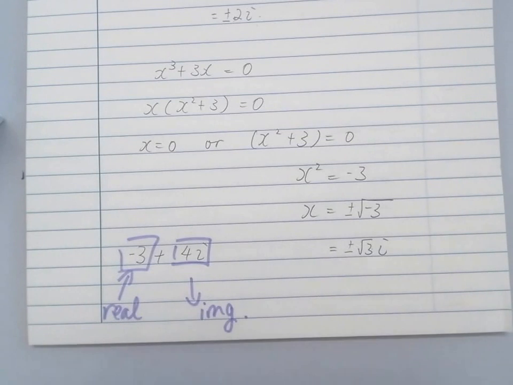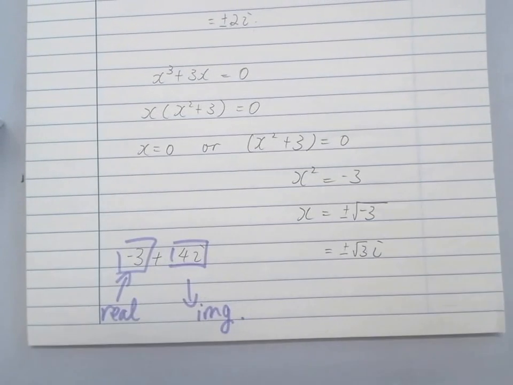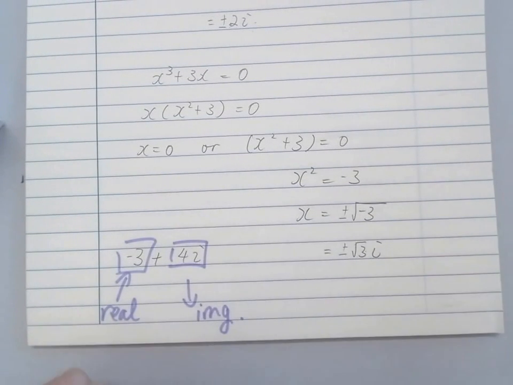Every number can be represented as a complex number, just that sometimes we have an imaginary part and sometimes we don't. And this is the introduction to complex numbers.